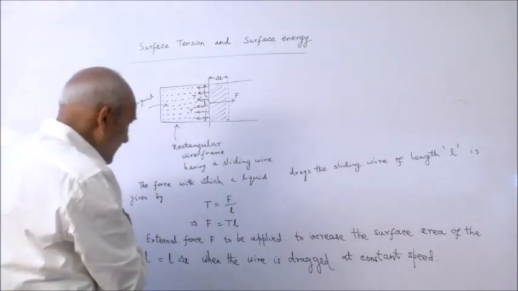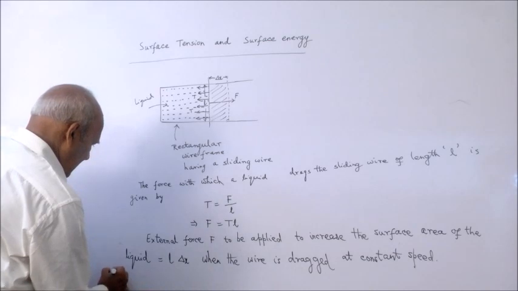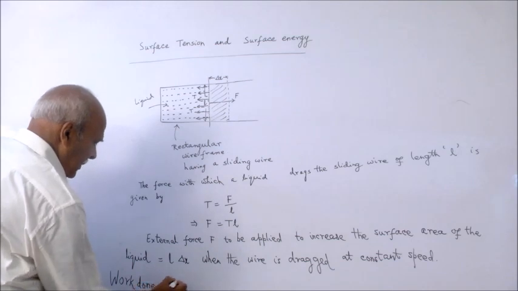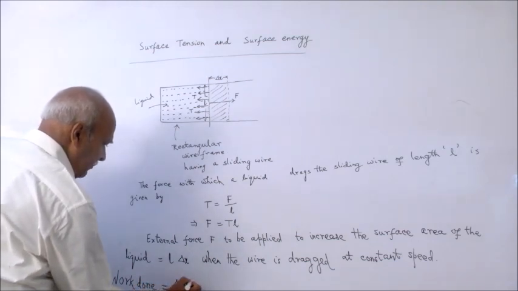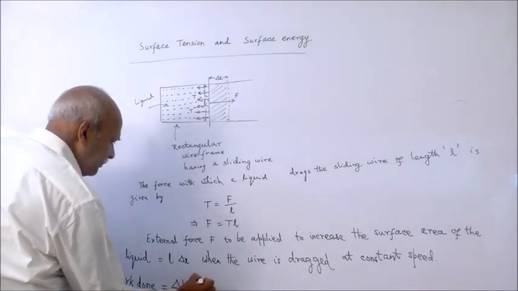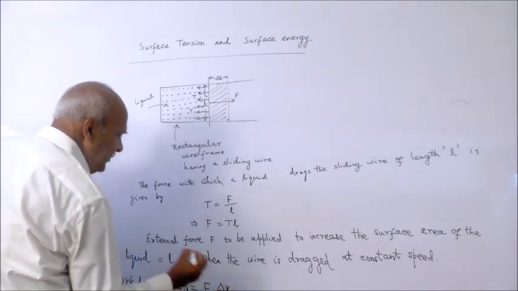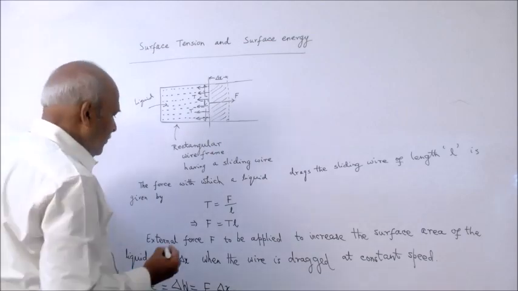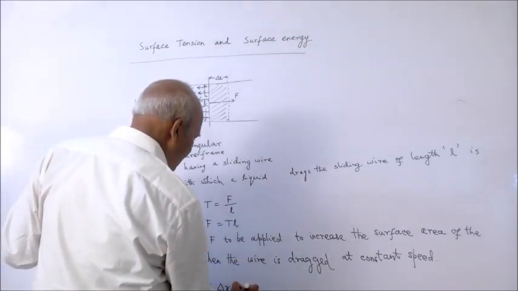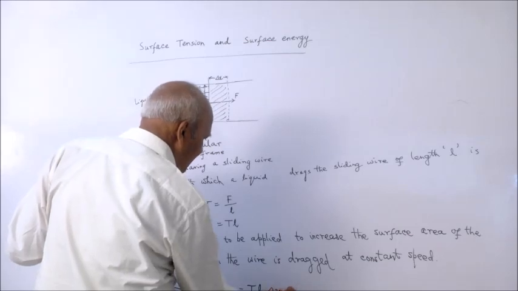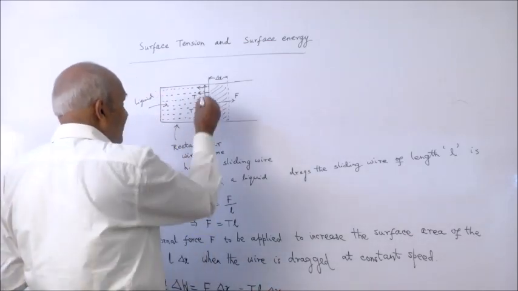So, how much work is done? Work done, delta W, is equal to force into displacement. So, force is TL, then delta x. Then what is L delta x?